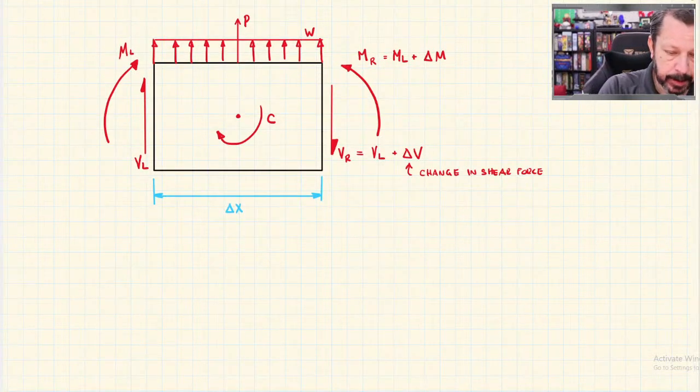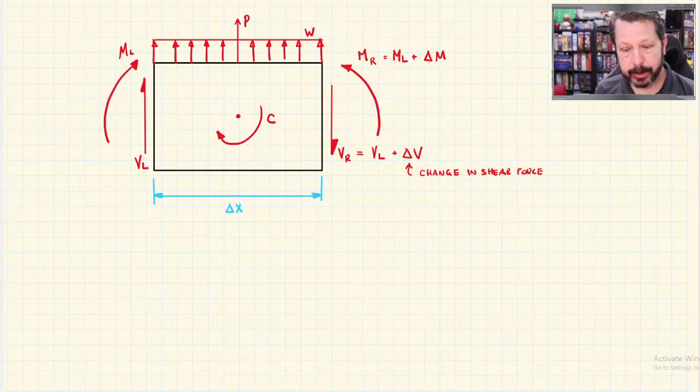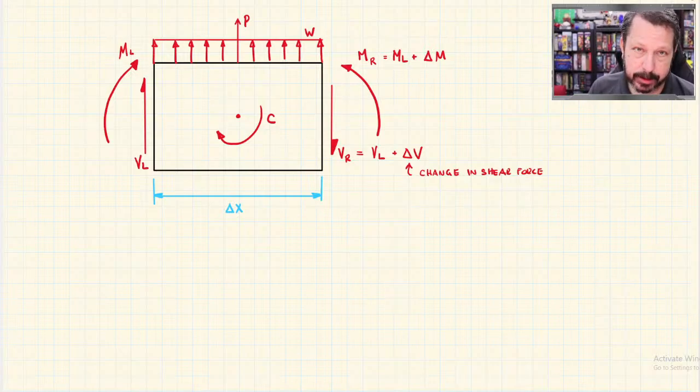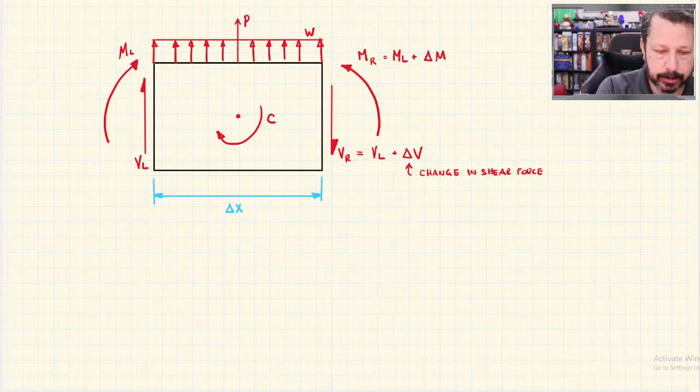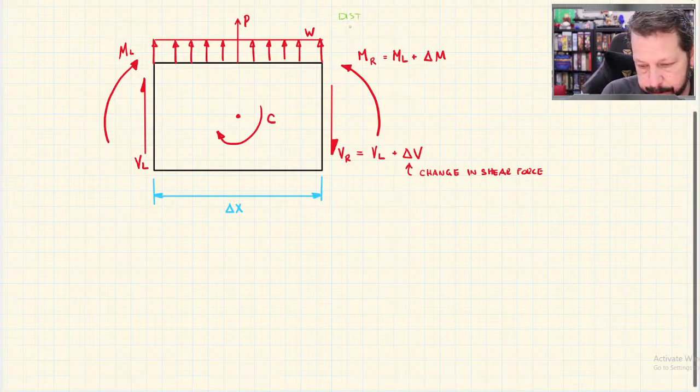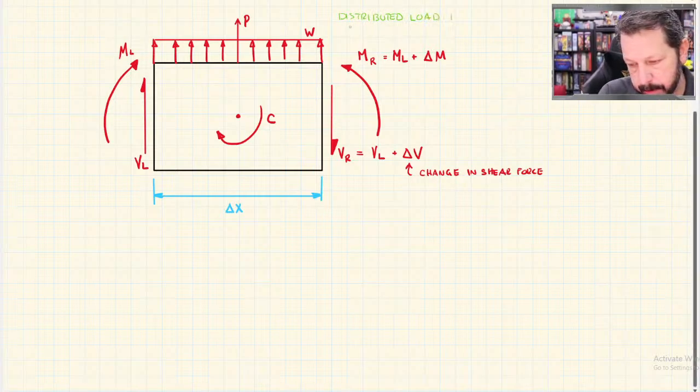So I'm going to take my generic free body diagram of a beam that has all the loads that I might have on there, recognizing that the distributed load could be some other shape than evenly distributed. In fact, I might just write a little note. Let's write: distributed load does not have to be evenly distributed.